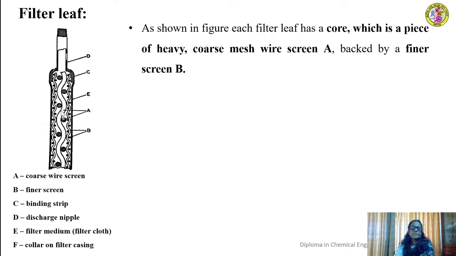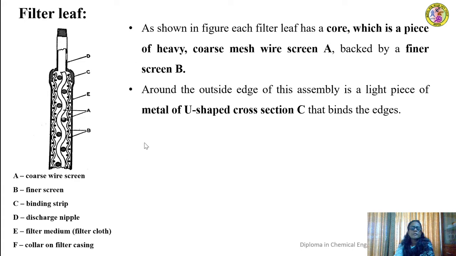This is backed by a finer screen, as indicated by part B. Around the outside edge of this assembly, that is, the inside core screen and the outside fine screen, there is a light piece of metal of U-shaped cross section, C, that binds the edges of these two.